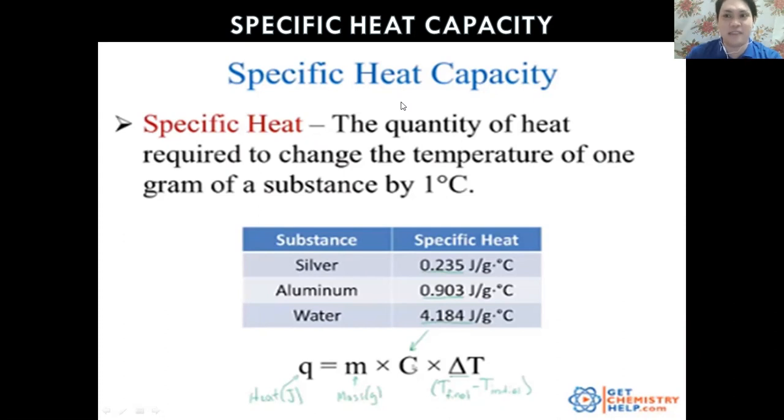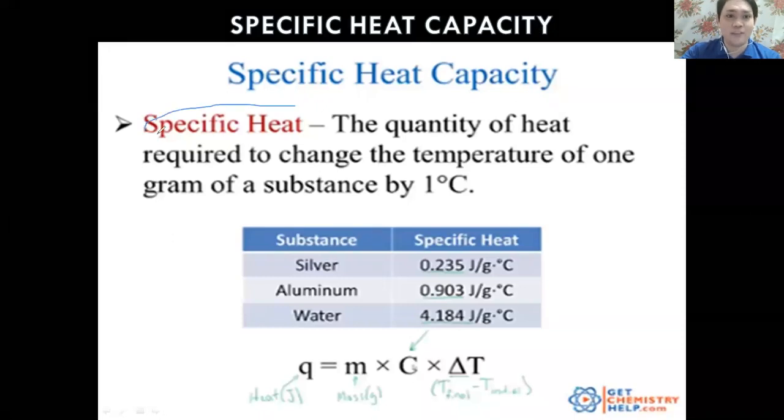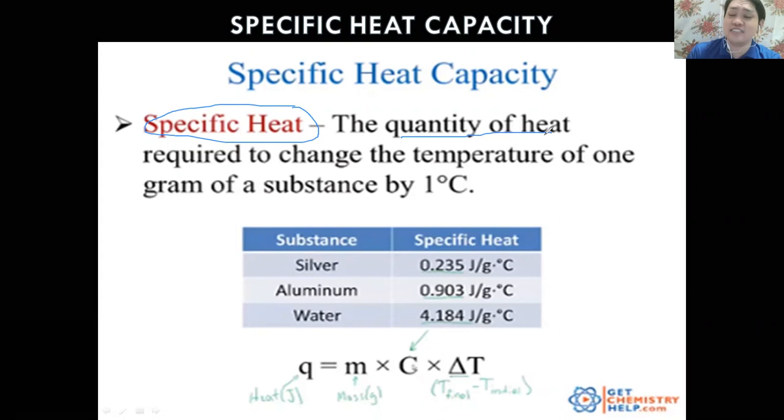As I mentioned last time, when we say specific heat capacity, what does it mean again? We say specific heat is the quantity of heat required to change the temperature of 1 gram of a substance by 1 degree Celsius.